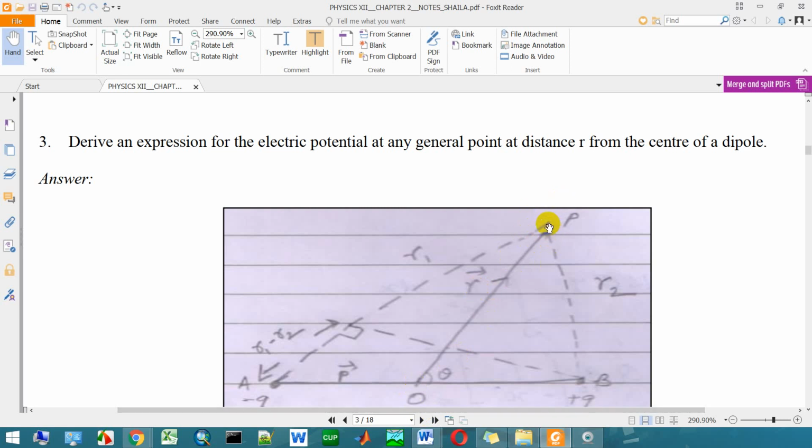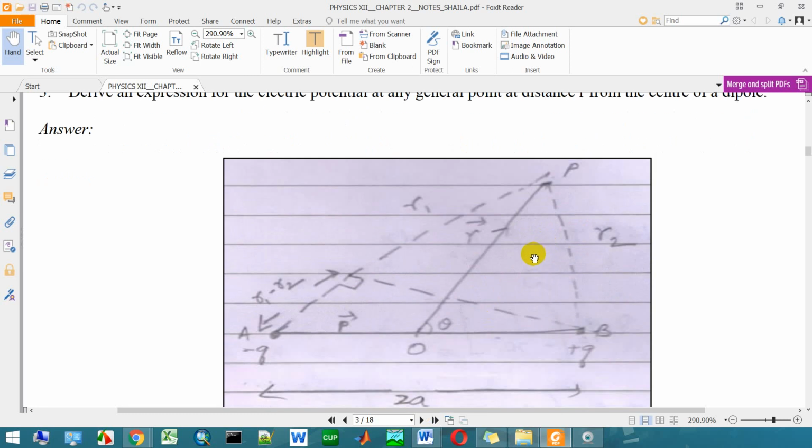So we are going to find out potential at point P. Potential at point P will be equal to the sum of potential at point P due to minus Q and the potential at point P due to plus Q. Here we use the superposition principle. It is the potential at point P due to multiple charges. Here it is not multiple charges, it is two point charges.